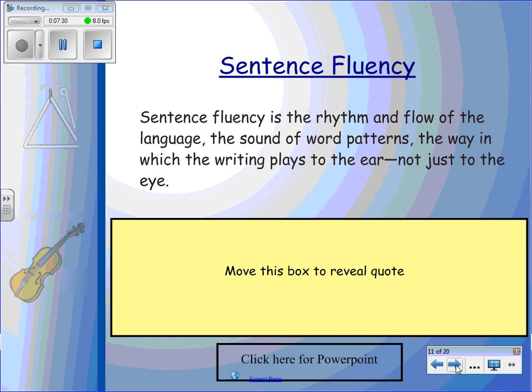Sentence fluency. Sentence fluency just means kind of the rhythm and the flow of the language. You want to look at it. It may be short, choppy sentences, and that adds some sort of excitement to the paper, or maybe they're long, flowy sentences, or maybe they're just lots of medium, or they're mixed. Sentences really matter.